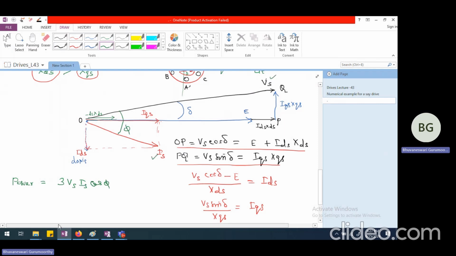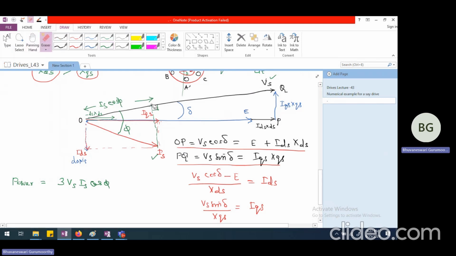So this happens to be the power factor angle. So if I want Is cos phi, I have to directly drop a perpendicular from Is to Vs. This is 90 degrees. So I should be able to call this as Is cos phi.